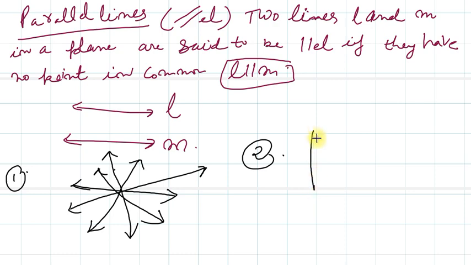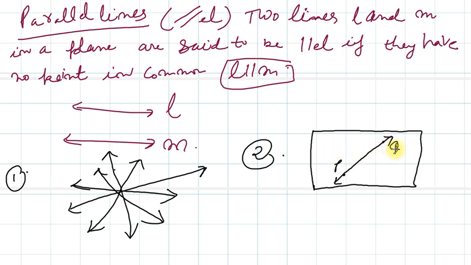Suppose I draw a plane like this, a rectangle, right? If I draw two points P and Q, we can draw only one line through these points, not another line.